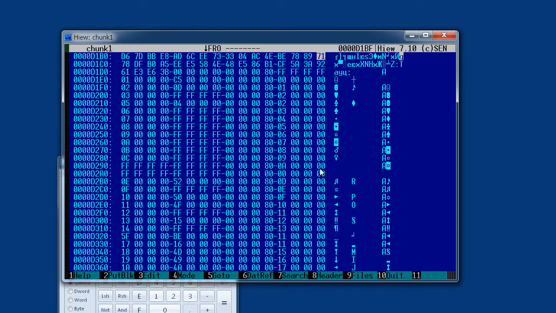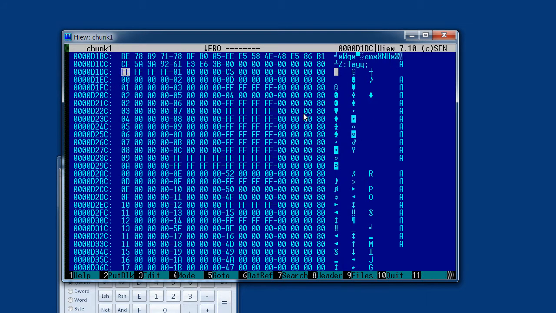It's always easy to find because there will be small numbers, starting from -1. This FF is -1. And C5 here again. So probably this number will be a parent number. Sometimes there are only parent indices and nothing else.